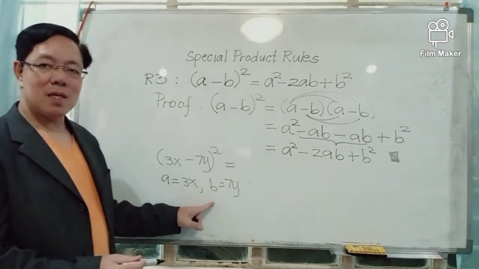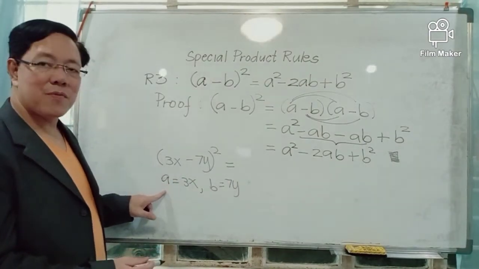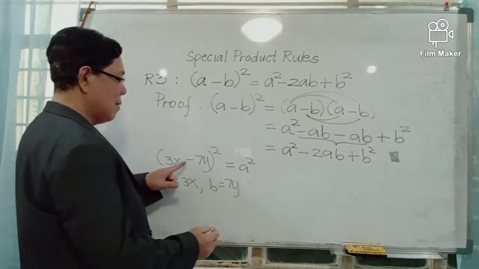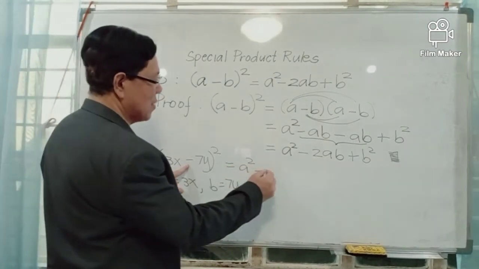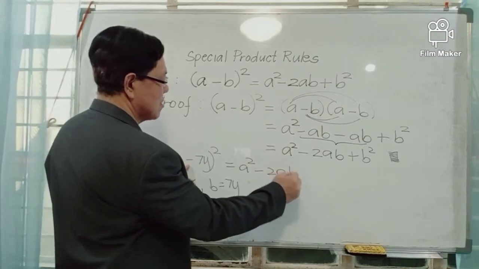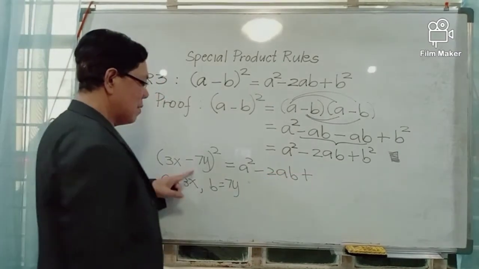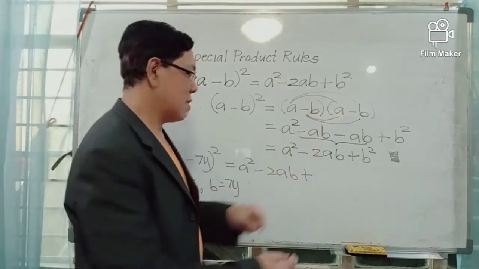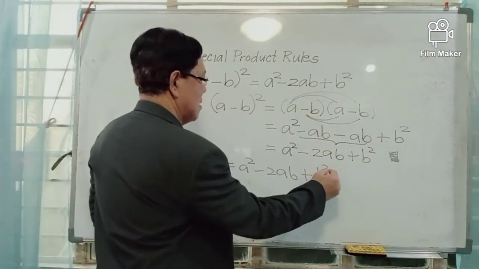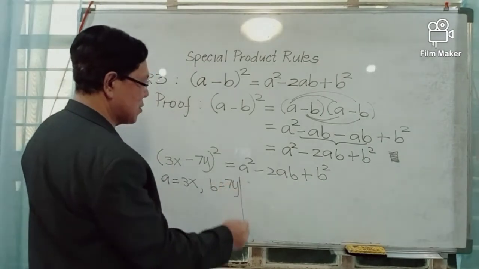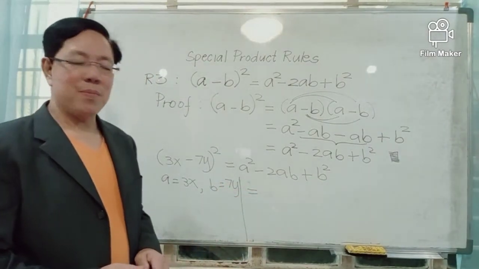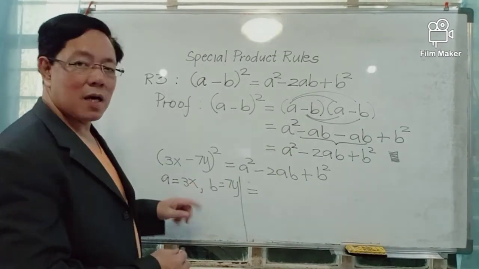using A and B is equal to the square of the first term, A, minus twice the product of the two terms, plus the square of the second term, B. And we substitute the values of A and B. A is 3x.